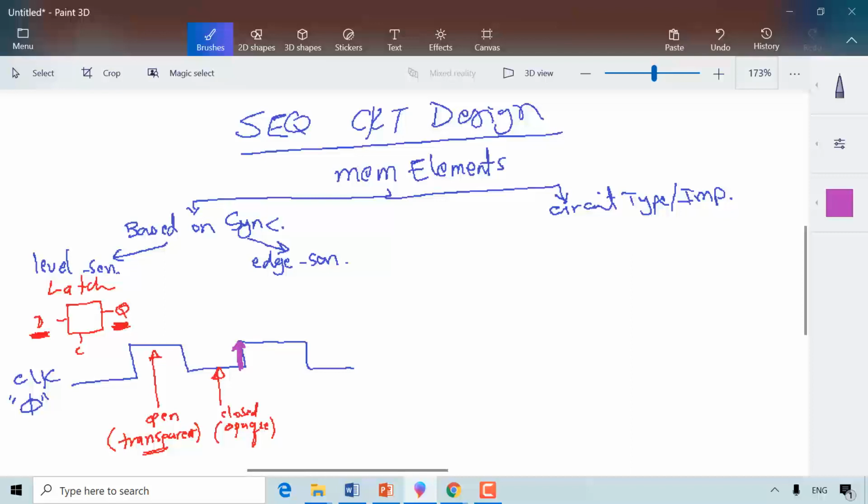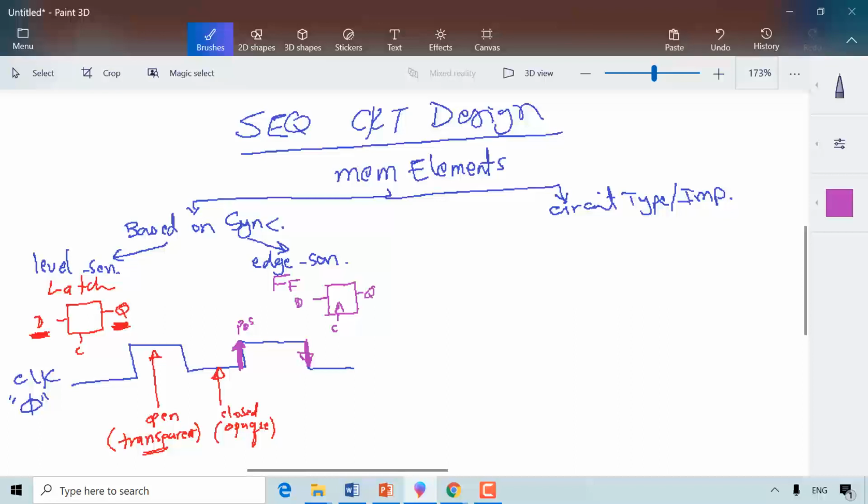In this case we call it positive edge, or it is triggered when the clock goes from high to low. We refer to this as a flip-flop. Typically, we draw it like so. We have a triangle here for the clock that indicates it's a flip-flop. We have a D here and a Q.